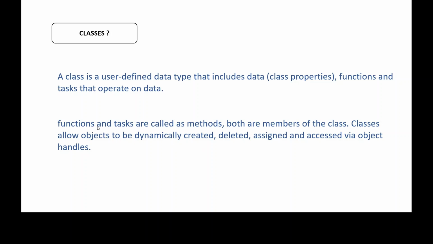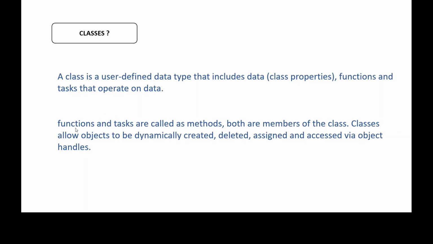Before that, if you haven't watched the video on functions and tasks, I will briefly revise it for you. Functions and tasks increase the reusability of code. There are some slight differences between them. We can only create combinational logic in functions, whereas in tasks we can create both combinational as well as sequential logic.